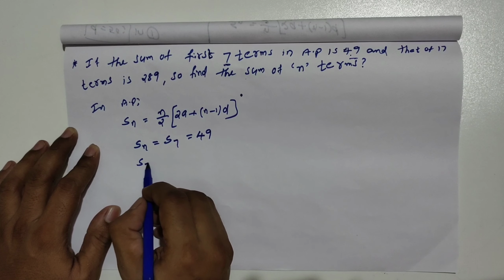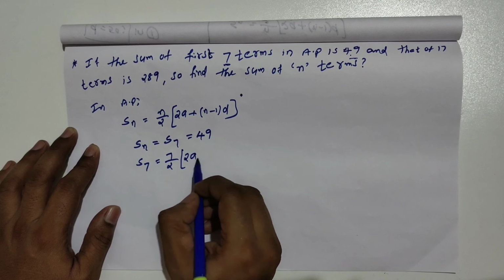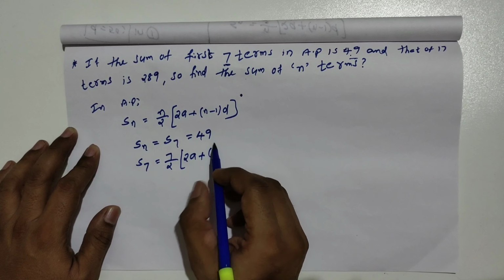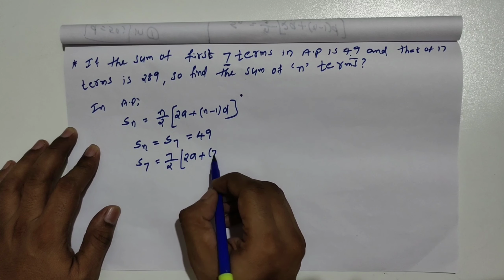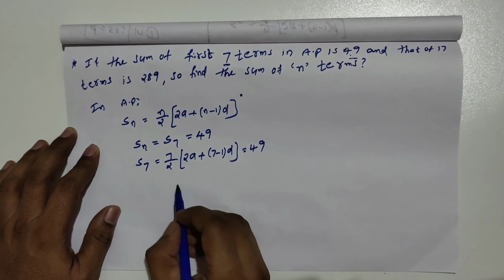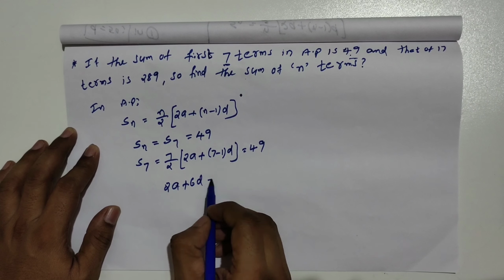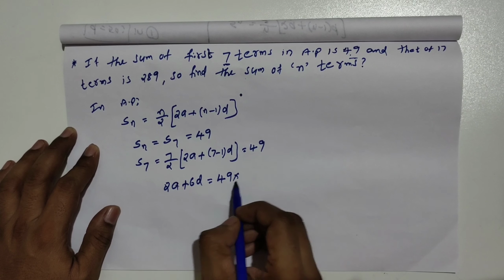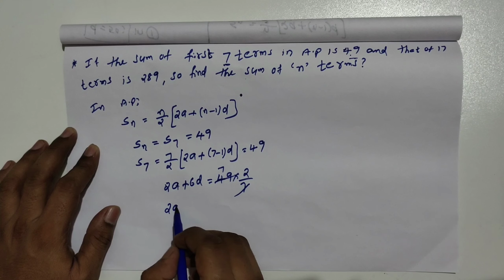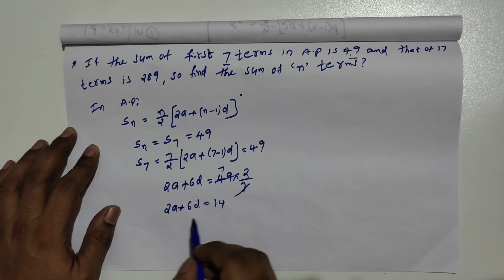Substitute 7 by 2; we don't know a and d, that we need to find using the given information. So 2a plus 7 minus 1 into d is equal to 49. Take the 7 by 2 to the right side: 2a plus 6d is equal to 49 into 2 by 7. By cancellation we get 2a plus 6d is equal to 14.